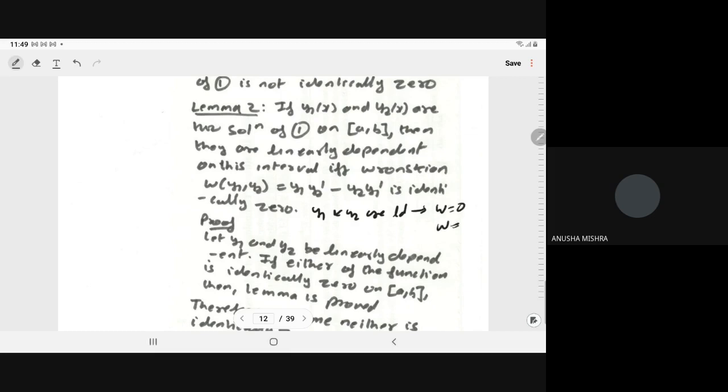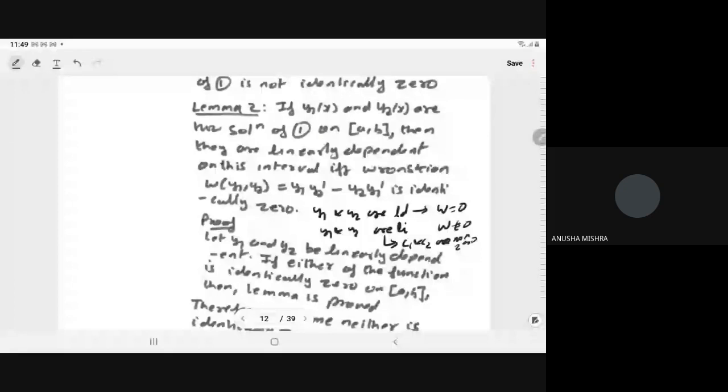If the Wronskian is non-zero, then you can say y1 and y2 are LI. LI means c1 and c2 are non-zero, right? C1 and C2 in the linear combination c1 y1 plus c2 y2 are non-zero.